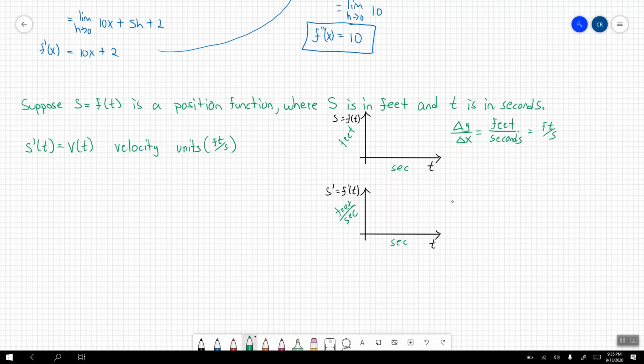So if I want to find the rate of change of my, let's say, y prime here, divided by the change in my x values, or change in my t values, this is now going to be feet per second divided by seconds. In other words, this gets me a unit of measurement of feet per second squared.